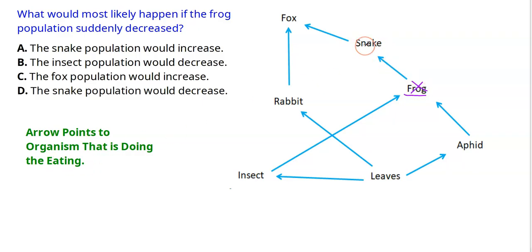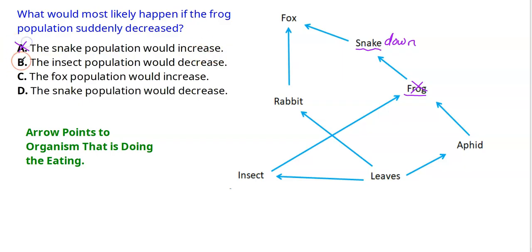So the snake's doing the eating, or the energy from the frog is flowing into the snake. So since the snake is eating the frog, and there's fewer frogs, the snake has less food. So the snake population, since it would have less food, would go down. And answer choice A says the snake population would increase, which means to go up.